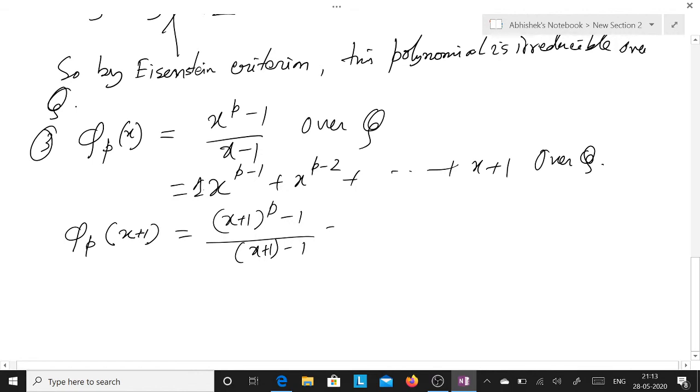Now this expression can be simplified, and you can check on your own that this can be written as x to the power p minus 1 plus pC1 x to the power p minus 2, and so on, up to p.